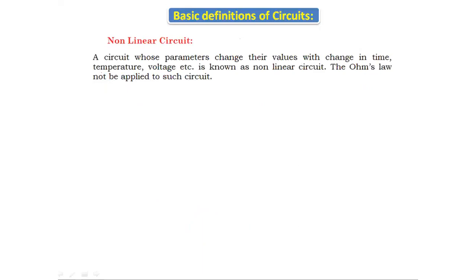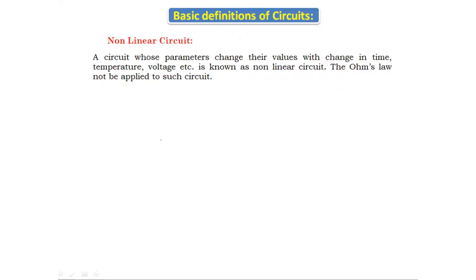Now if we take the non-linear circuit, the definition is: a circuit whose parameters change their values. If we change the time, temperature and voltage, the parameters change. That's why these elements are called non-linear elements, and that circuit is called a non-linear circuit. This non-linear circuit does not obey Ohm's law.